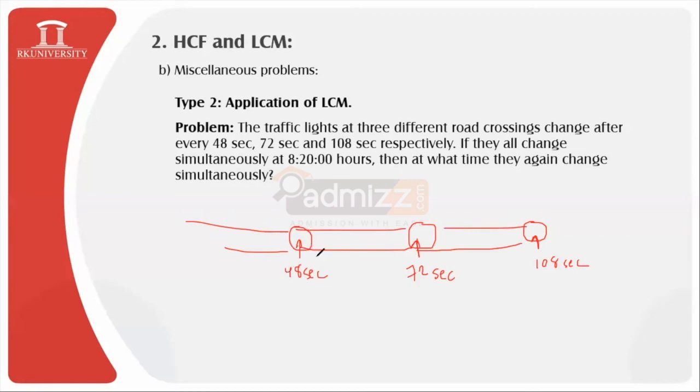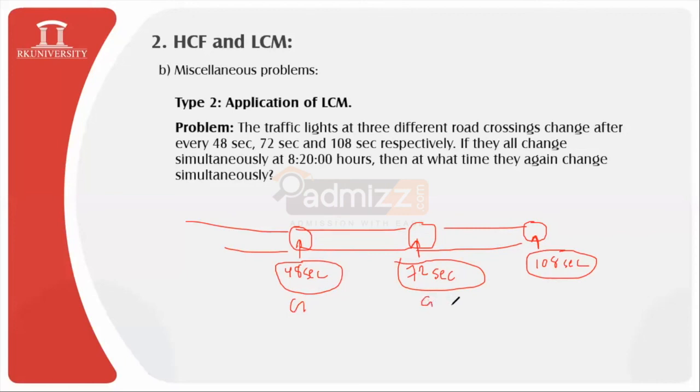So let us say that after every 48 seconds, they change the traffic light color. Similarly, after every 72 seconds, this one changes, and for this signal, they have the 108-second timer. Let us say, for instance, this traffic light turns green, and after every 48 seconds the next color comes.